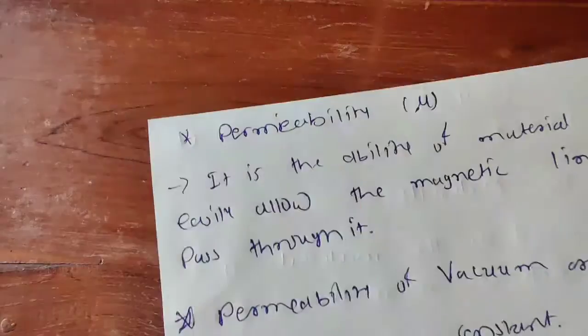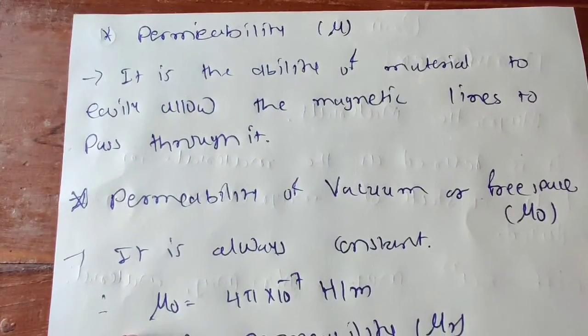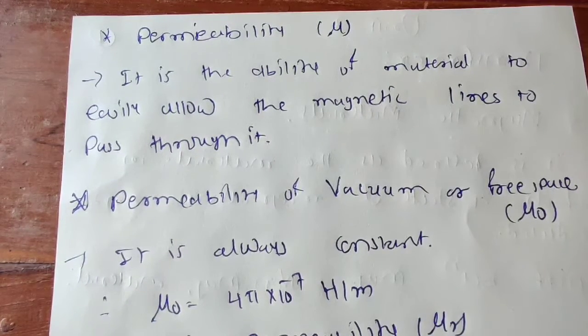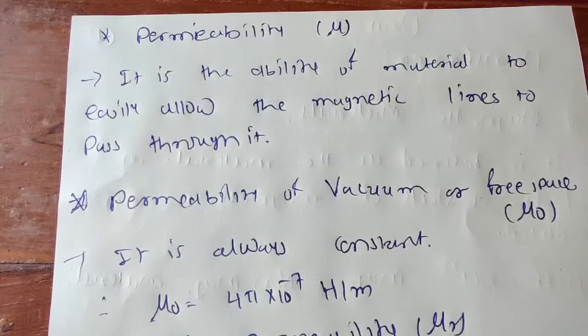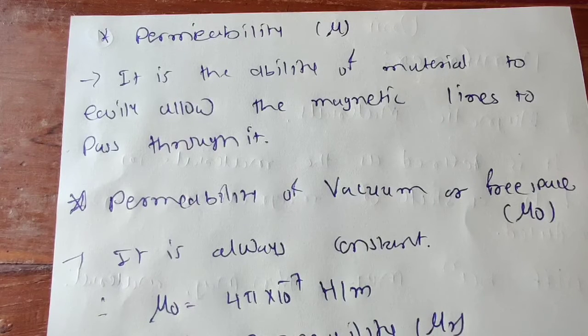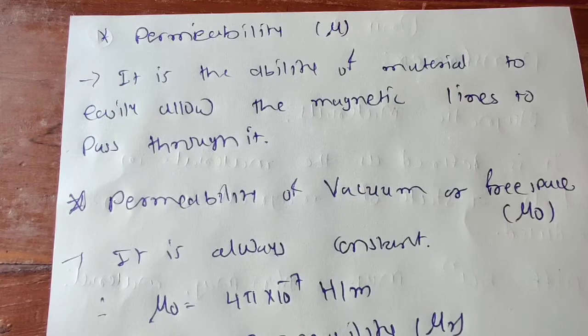Now there are some things you need to understand for a magnetic material. The first thing is permeability, denoted by mu. Permeability is defined as the ability of a material to easily allow the magnetic lines to pass through it. A magnetic material has a high permeability, while a non-magnetic material has a low permeability.